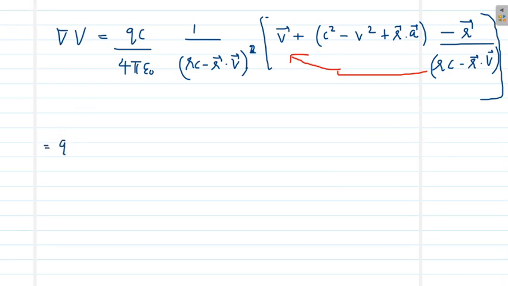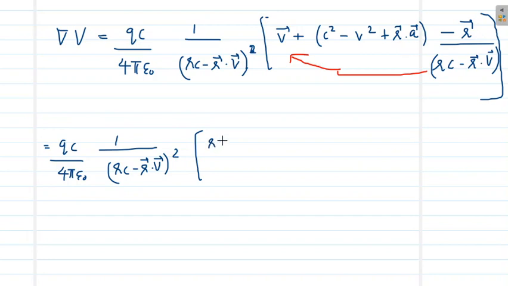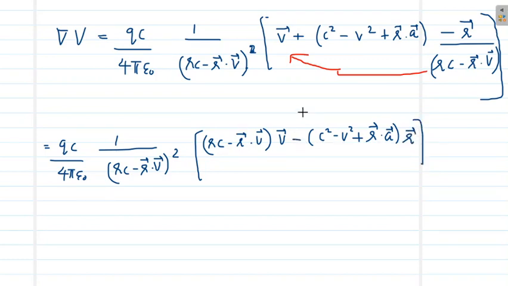So this is equal to qc by 4 pi epsilon 0 into 1 by rc minus r bar dot v bar the whole square into rc minus r bar dot v bar multiplied by v bar plus c square minus v square plus r bar dot a bar into minus r bar, the whole divided by rc minus r bar dot v bar.